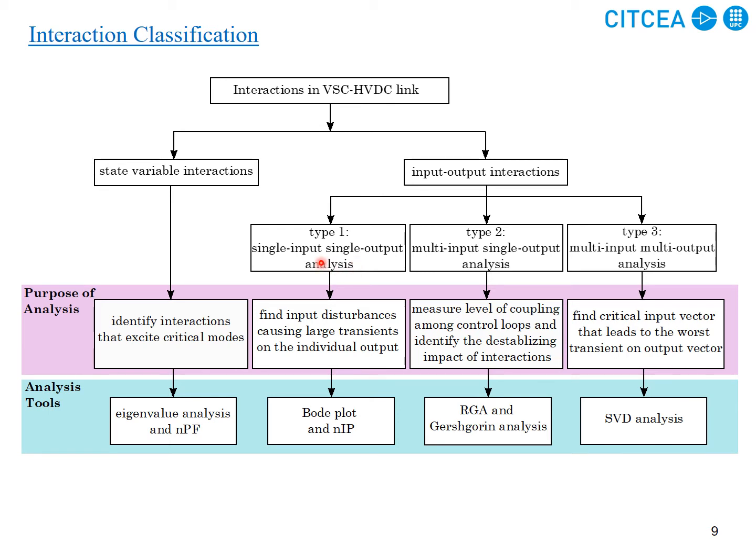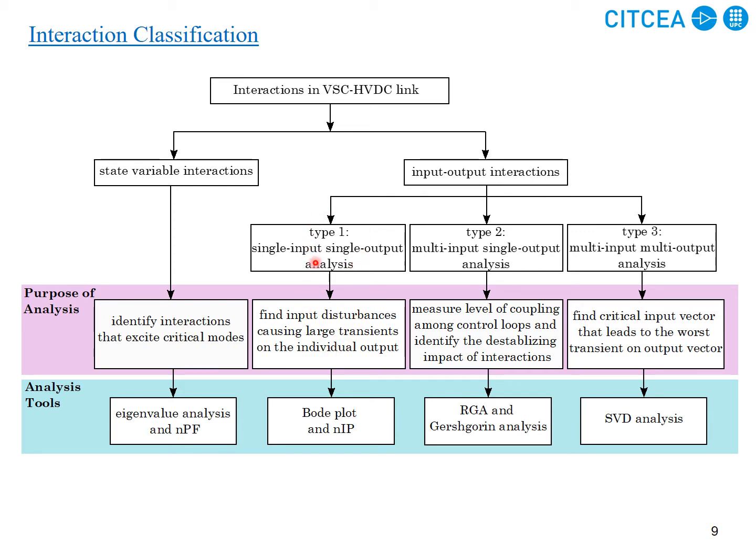So it is single input, single output analysis, multi-input, single output, and at the end, type 3, multi-input, multi-output. With the state variable analysis, what we are looking for is the state variables giving rise to the critical modes of the system. With the input-output, it is the control engineer.